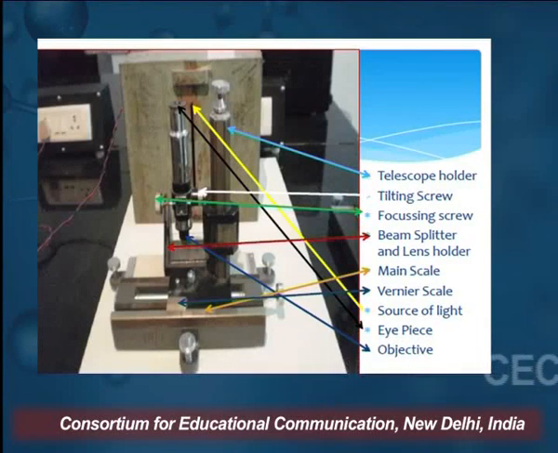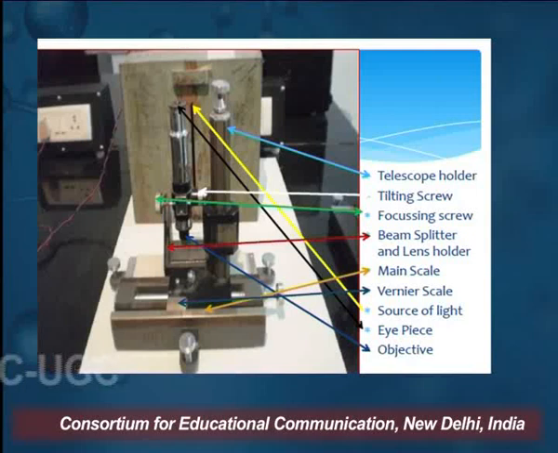So in the wooden box is the source, monochromatic source, which we are using to get the Newton's ring. Then there is a telescope holder that may be put up and down so that we can get the Newton's ring in a focused manner.